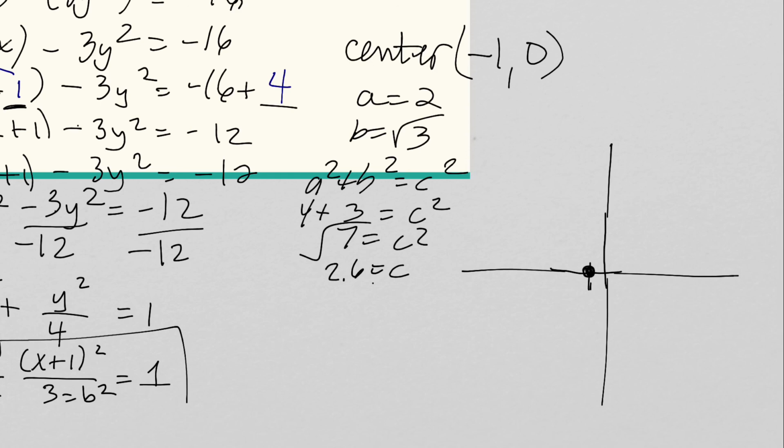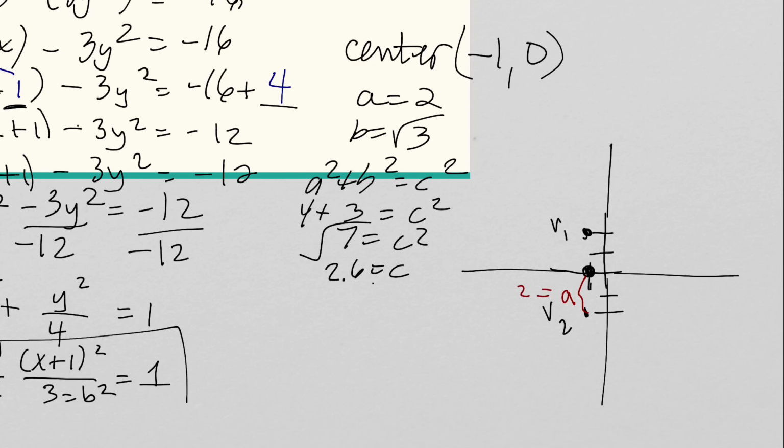So my foci is going to be going 2 up. Yep, 2 up. So my vertices, not my foci, because the a distance is my vertices, is here. So here's one vertex, and here's the other vertex. Right? This is my a distance, which was 2.